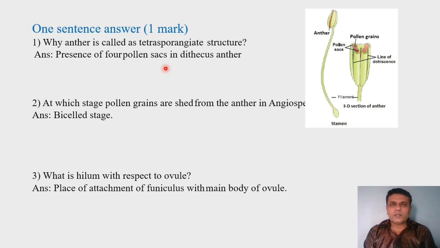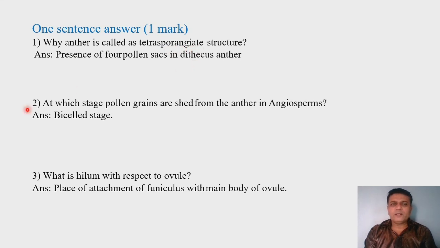So the anther, which is bilobed or dithecus, shows presence of four pollen sacs. Hence it is called as tetrasporangiate structure.